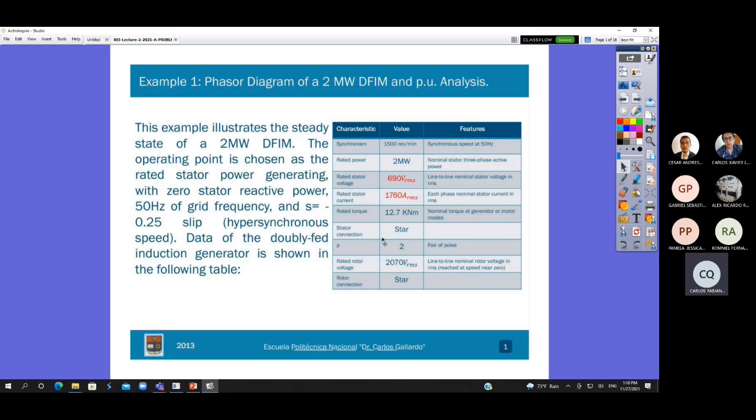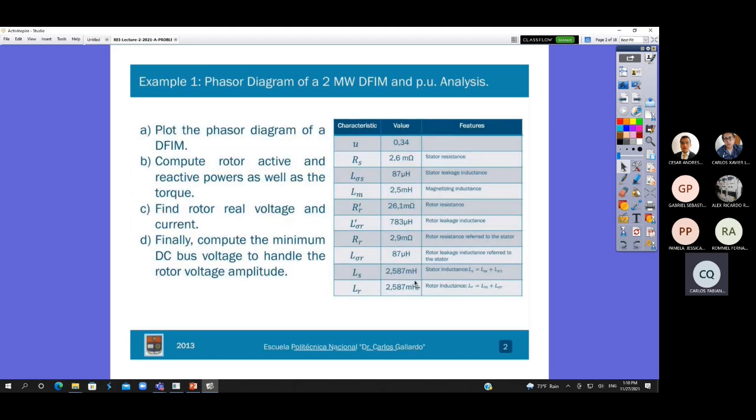This is the rated characteristic from the manufacturer. This is the data of the machine. For instance, this constant is something like a turn ratio. This is the stator resistance, the stator leakage inductance, the magnetizing inductance. This is the data for this machine.